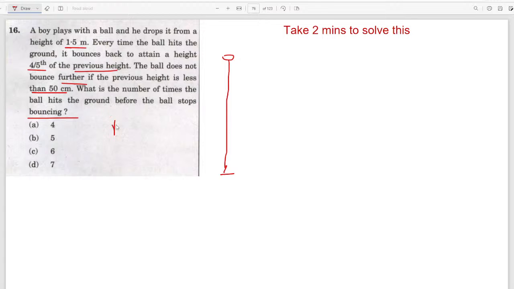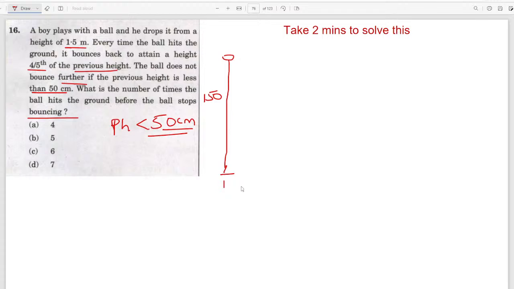Once the previous height is less than 50 centimeters, it will stop bouncing. So they have given the original height from which the boy drops the ball is 1.5 meters, that is 150 centimeters.